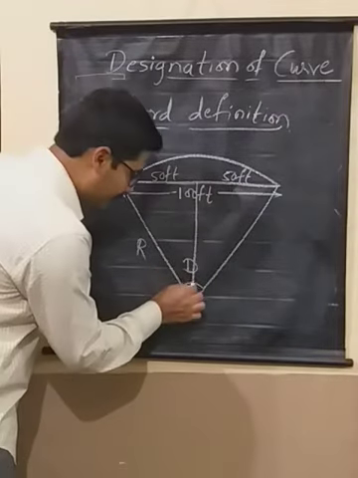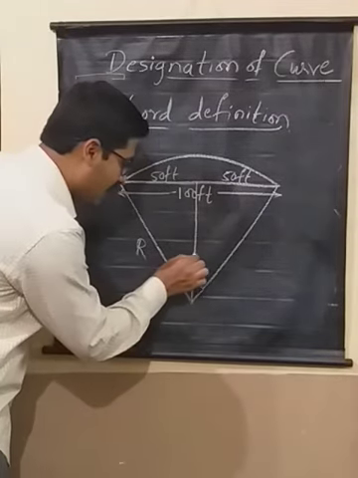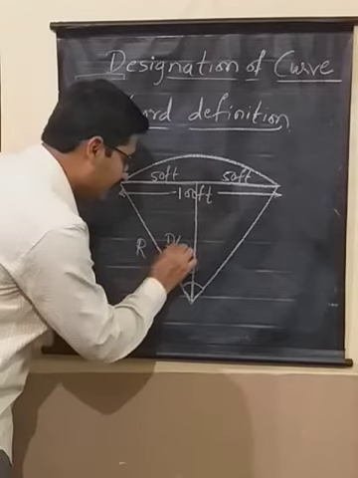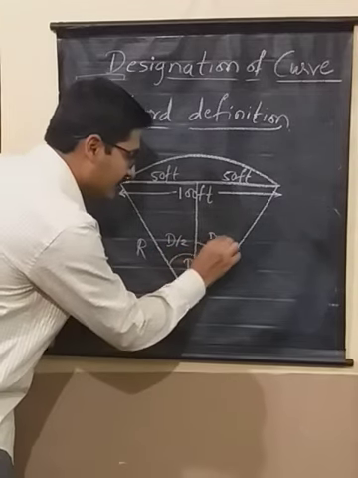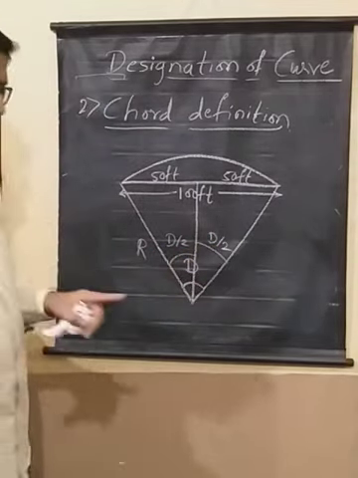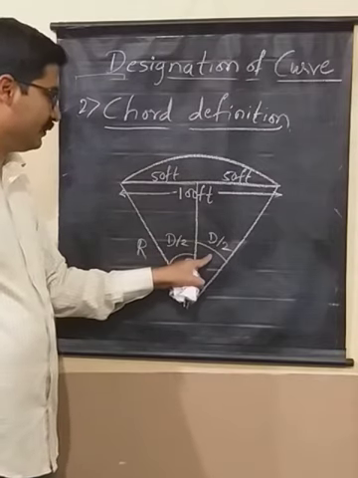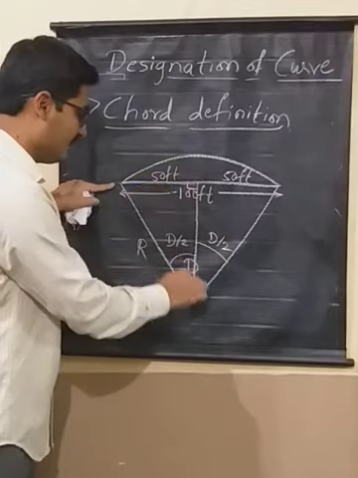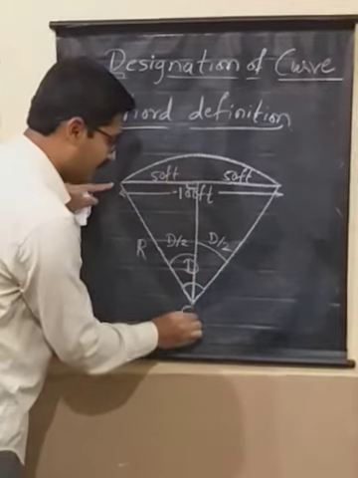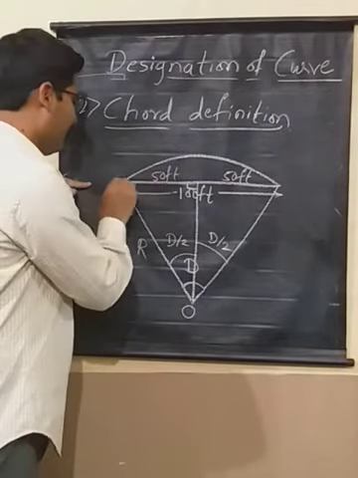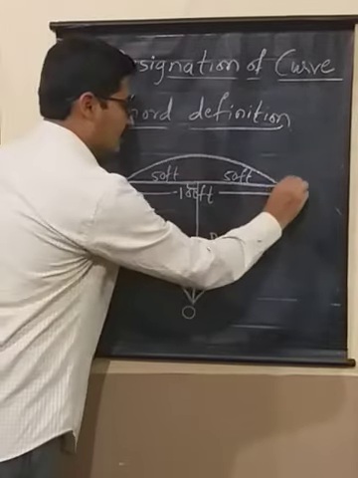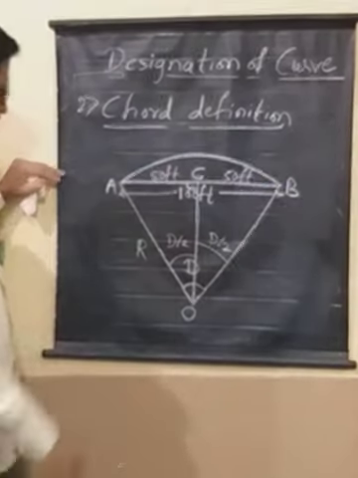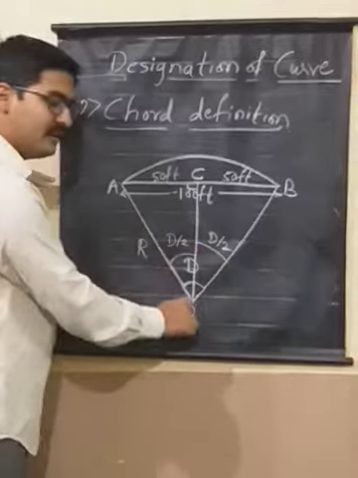Now definitely this total angle is D. Half of D will be here, half of D will be here, isn't it? So D by 2 here, D by 2 here. And if you observe, this is a right angle triangle. So if I call this O and this A, B, C, then OAC is one right angle triangle.